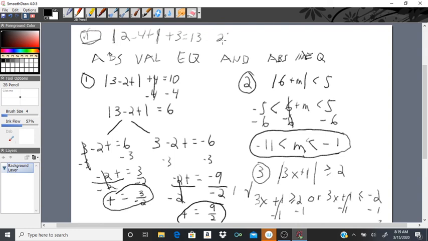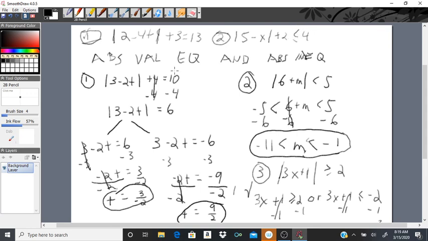Practice exercise question number 2 is the absolute value of 5 minus x, plus 2, less than or equal to 14. This corresponds to problem number 2, less than.